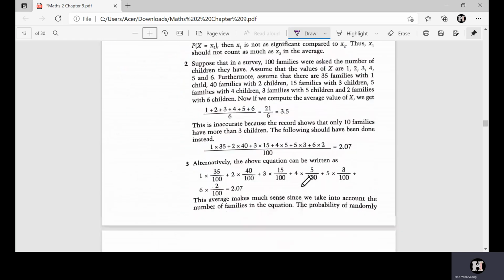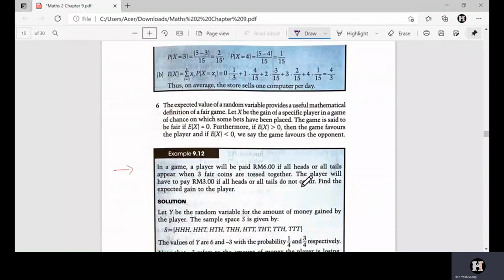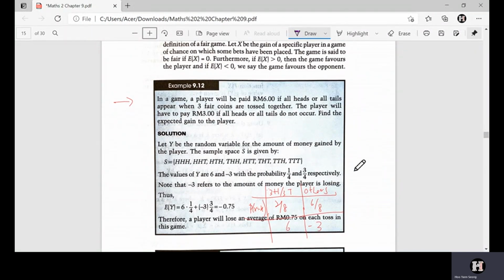So, example. It says that in a game, a player will be paid 6 ringgit if all the heads or all the tails appear when 3 fair coins are tossed together, and the player will have to pay, and so on.